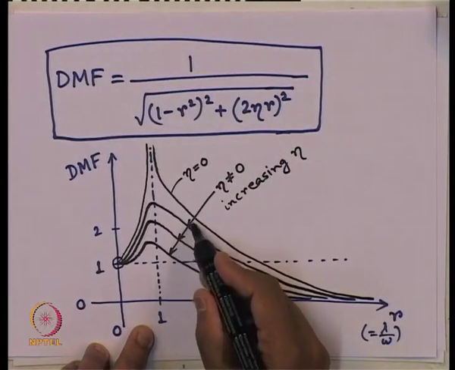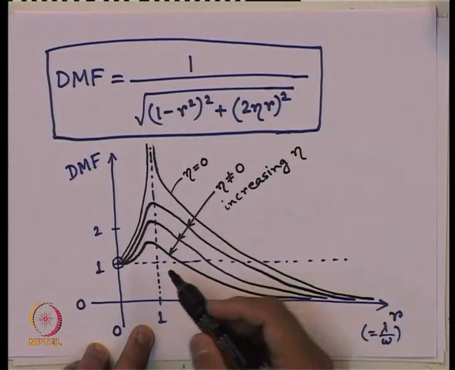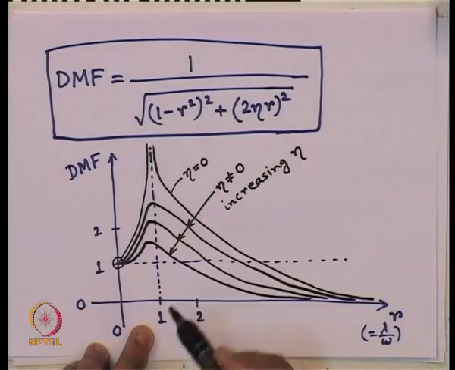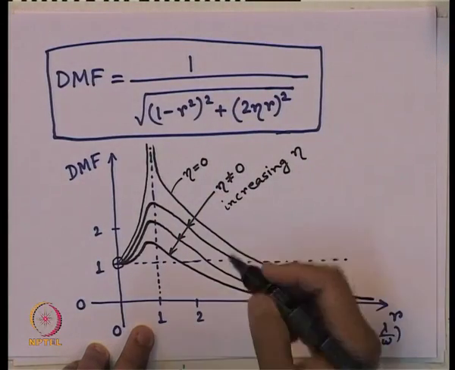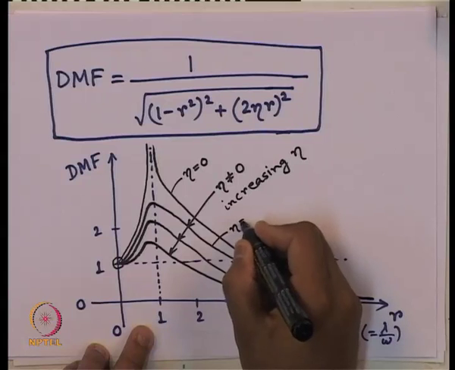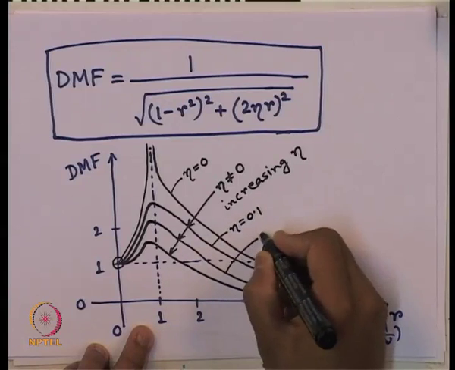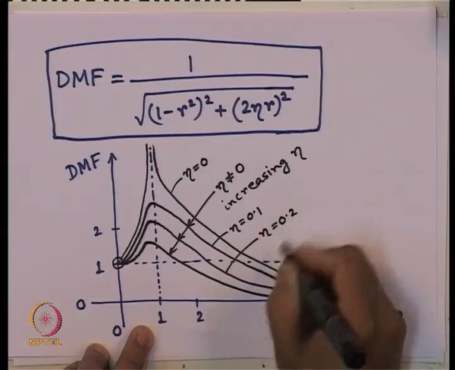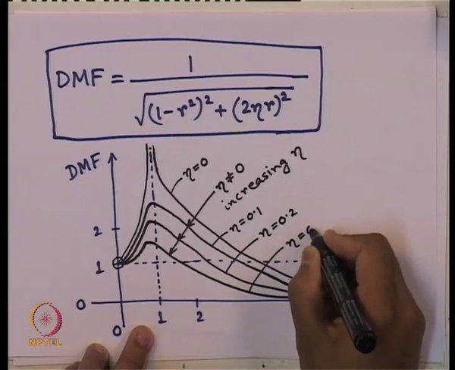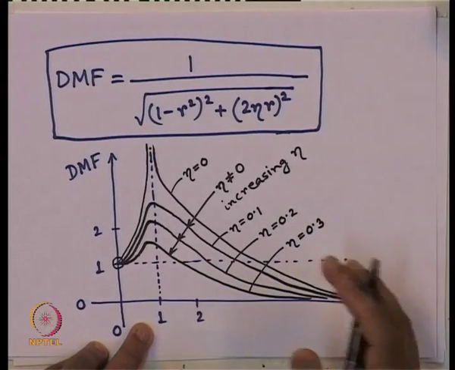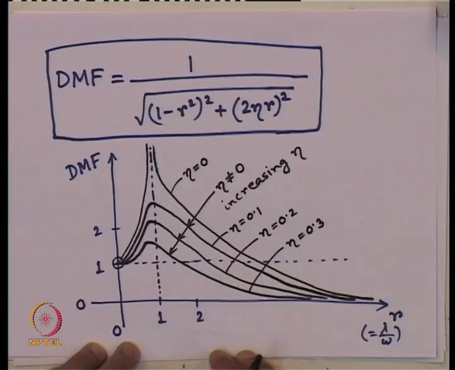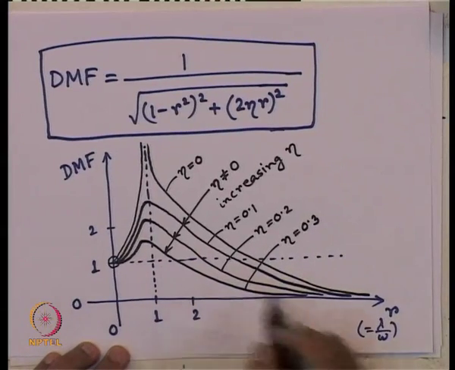So, these three arrows that I have shown here show the increasing values of eta. Say for example, this is for eta equals 0.1, this is for eta equals 0.2, this is for eta equals 0.3, like that. Just typical examples I am giving, the exact figure may be different, but the trend will remain the same.